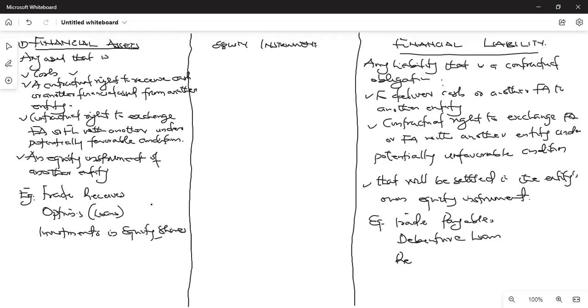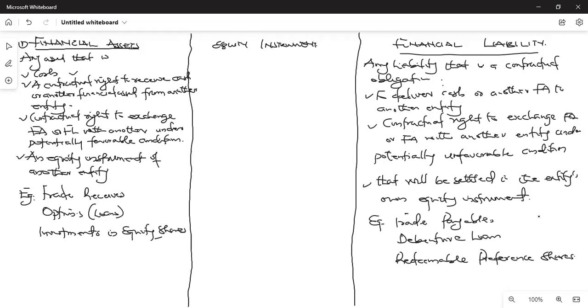So we have redeemable preference shares. That is really unfavorable, because after paying the interest, you will still have to pay the redemption on it.